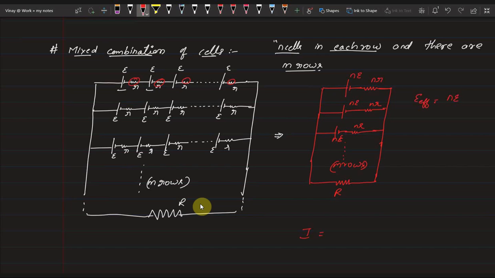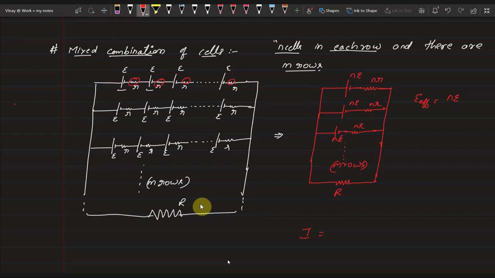I told you one point in the last class: in parallel combination, the cell with the highest EMF is taken as the effective EMF. Did you remember this point?